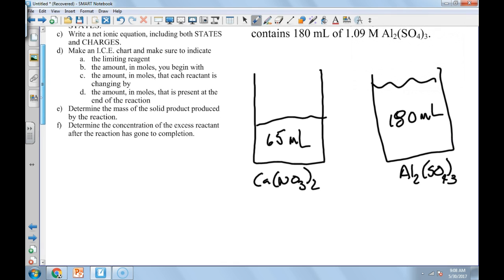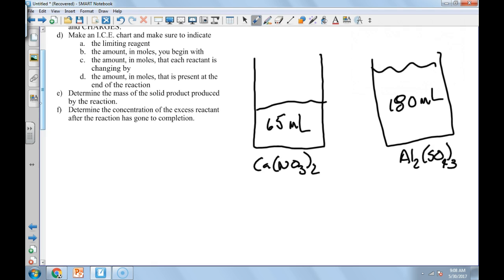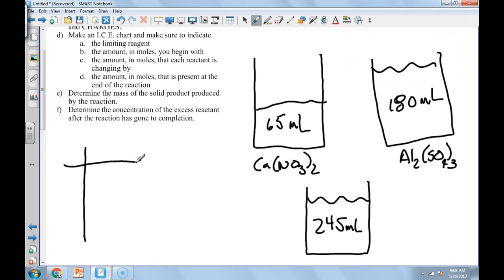Okay, and so let's mix them. When we mix these things, it's going to be in a separate container, and so we're going to end up with 245 milliliters of some combination of these two. Now, in order to figure out what the combination is, I'm going to make that Punnett square thing.